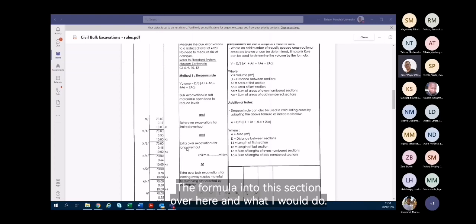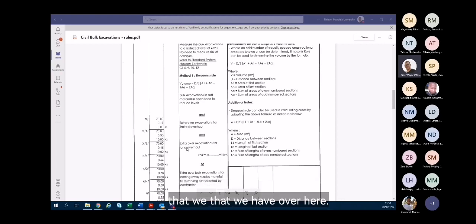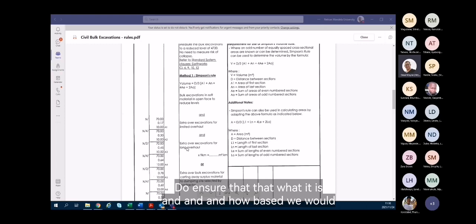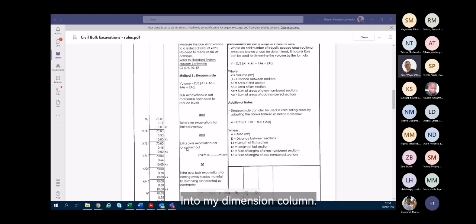What I would do is bring up how all of these are incorporated, and how we will ensure that the dimensions are included, to ensure that the formula D over 3 multiplied by A1 plus AN plus 4 times AE plus 2 times AO is incorporated into my dimension column.